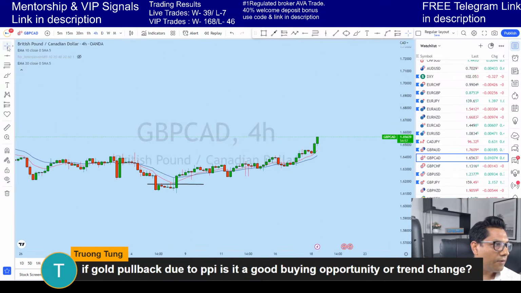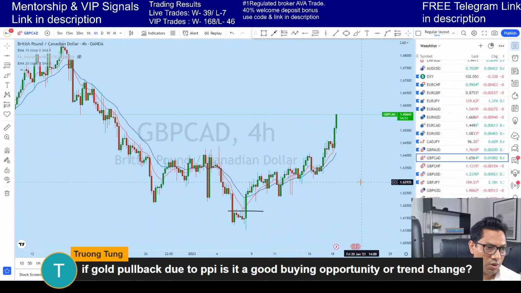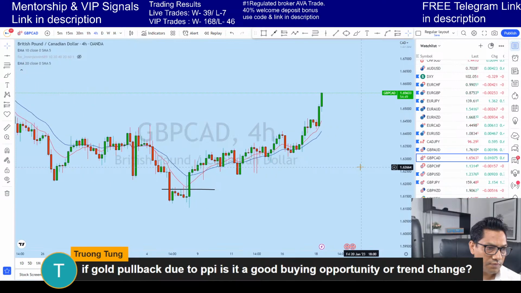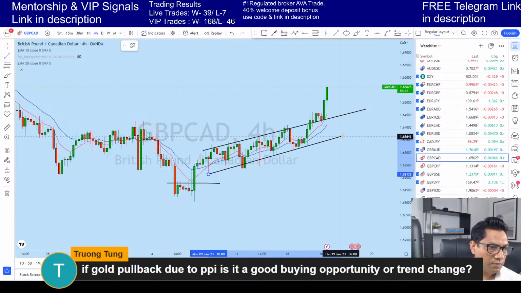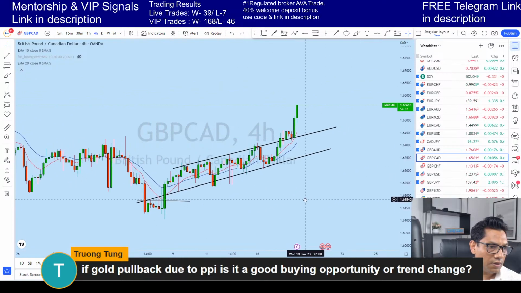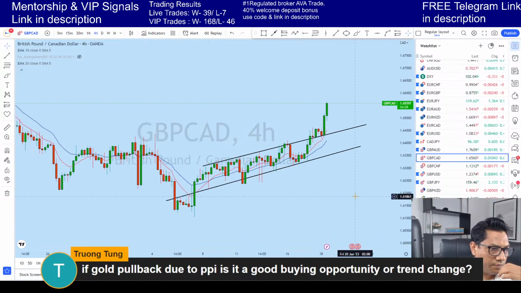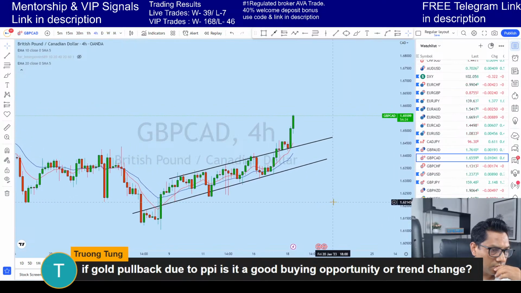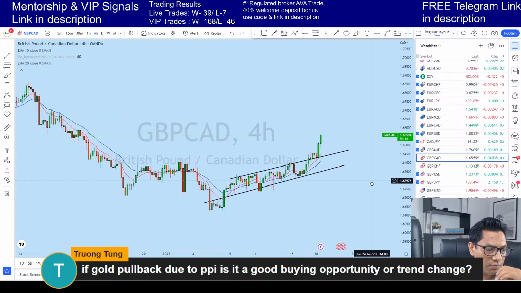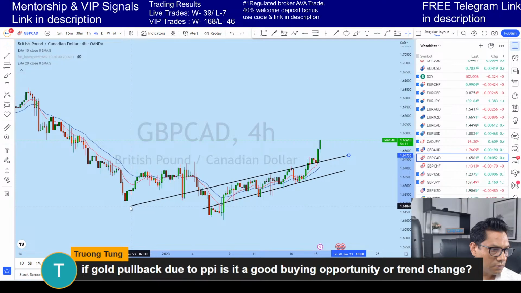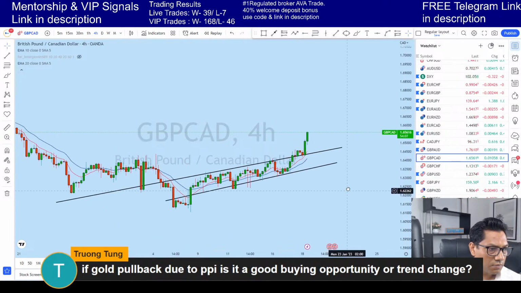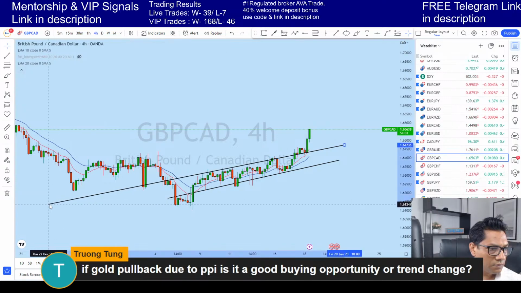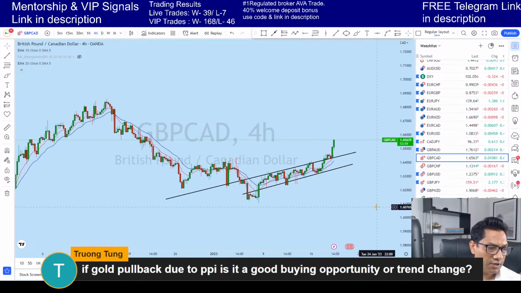So if we look at this lower time frame price action, if we take this channel here, you see that basically this is the structure.